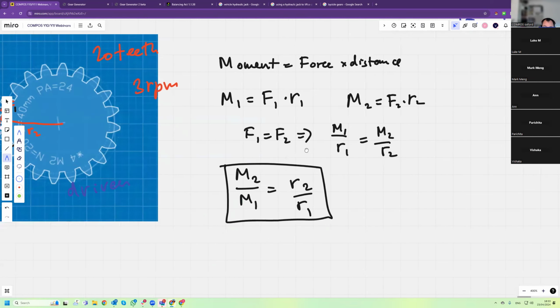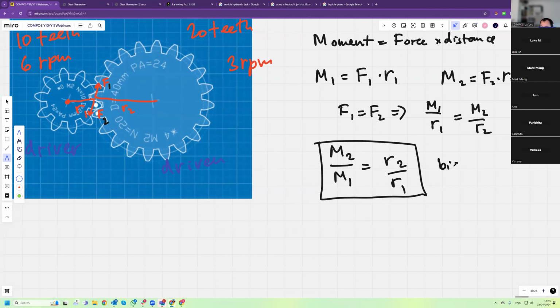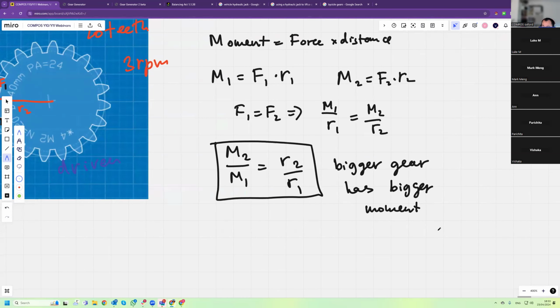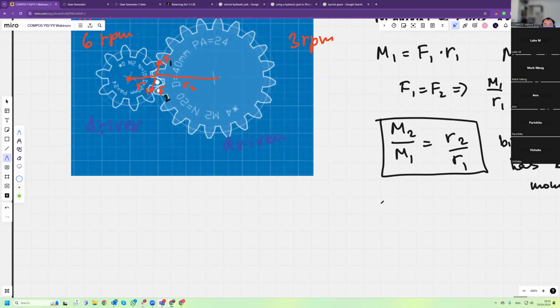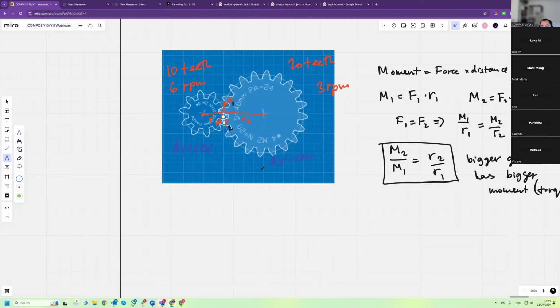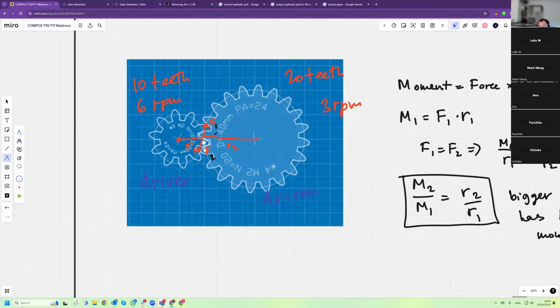What that tells us is that the bigger gear has a bigger moment, or torque. So it generates a larger torque. It's a force multiplier in a way. Even though the force is the same, we still refer to it as a force multiplier, as in a moment multiplier. It increases the turning effect, right?